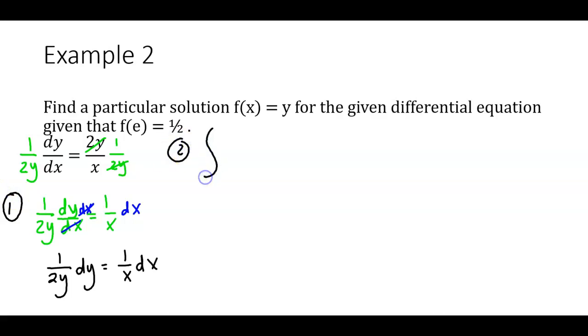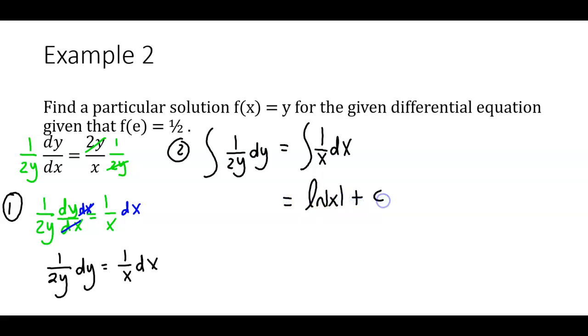So I'm going to integrate both sides. Now the right side's kind of chill because it's just ln of x. The left side is a little bit unfortunate because since we have this down here, we're going to treat that like a u sub situation.